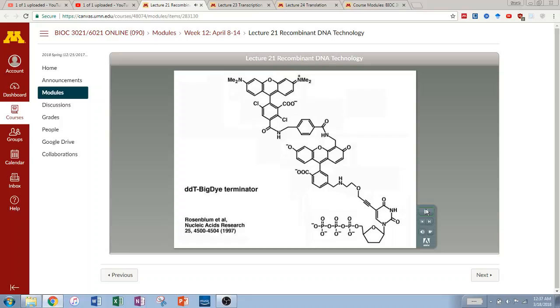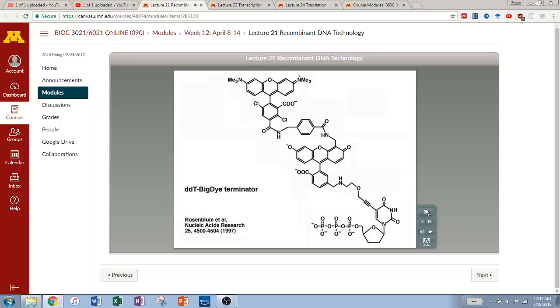The modified technique involves the use of 4 dideoxy NTPs, each of which has a different fluorescent dye attached to it. The compound shown here is an example of one of these dyes, in this case a dideoxy TTP derivative called ddTTP Big Dye Terminator, aka Mr. T to his friends.